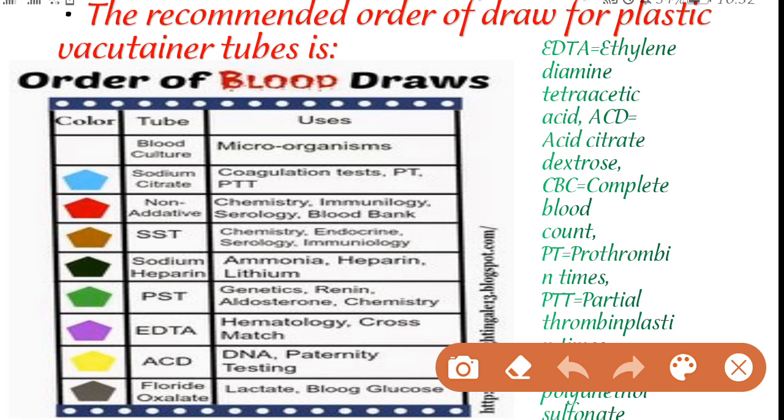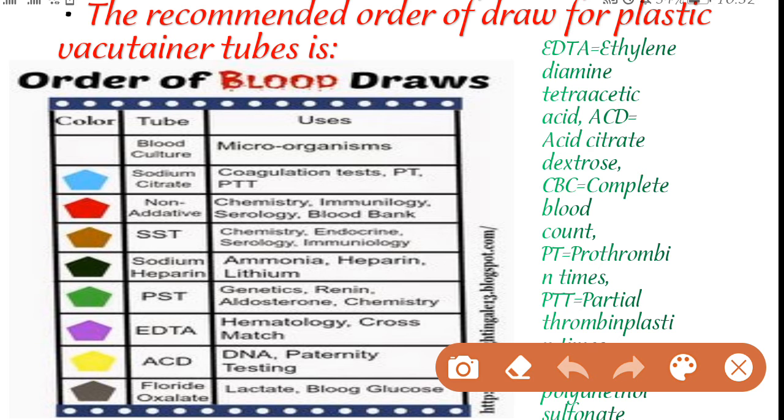Blood culture is used for microorganisms; you have glass bottles in which you place blood for microorganisms. If you do the blood culture procedure, you have to take the samples and put them into the bottles.